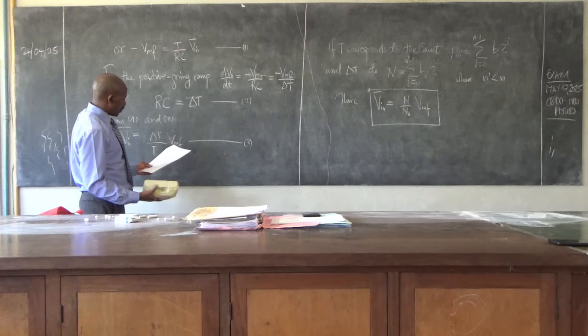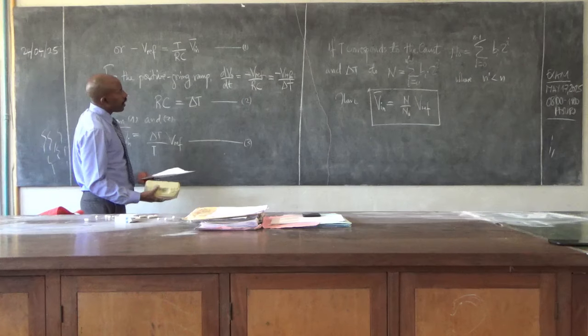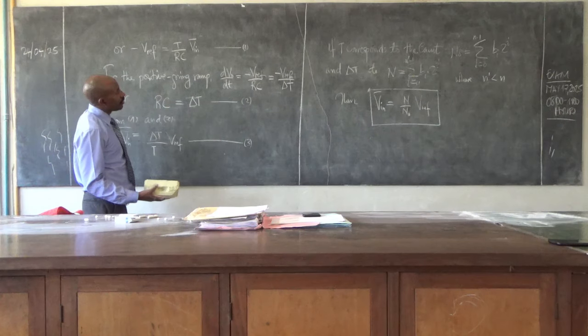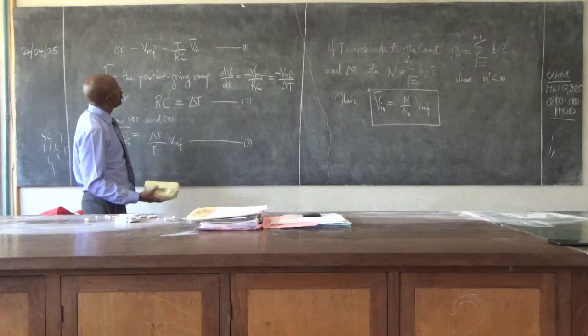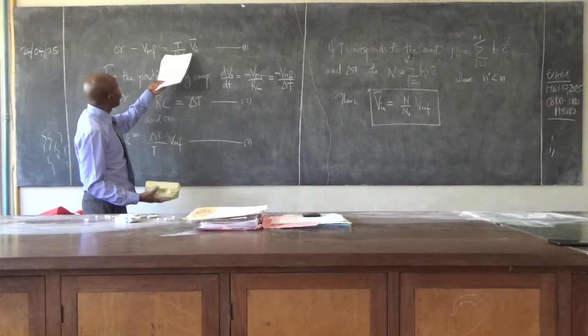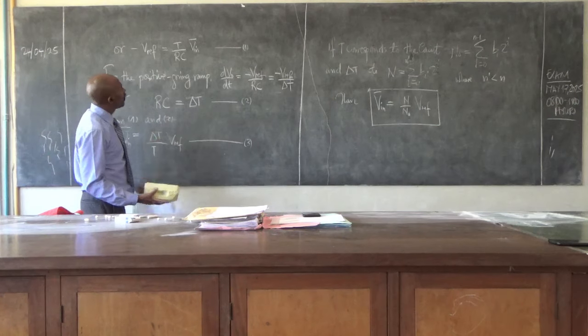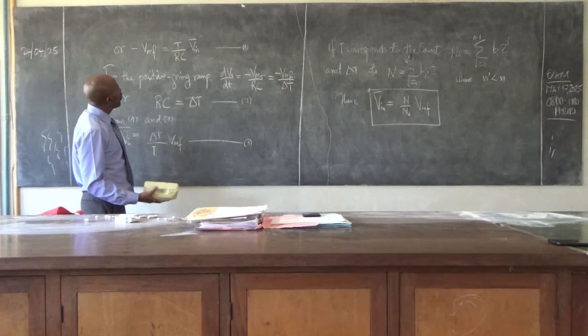I don't understand where the negative is. In equation 1, you have a negative V ref, calling it T over R. No, not equation 1, equation 1 is this one. Okay, fine. Then equation 2, we have R dt.